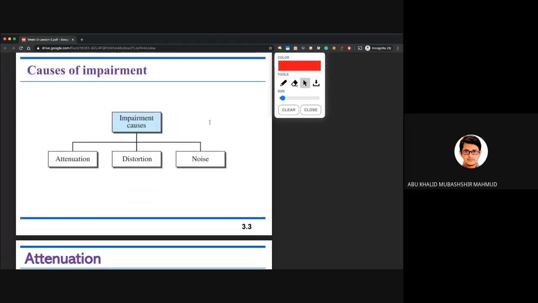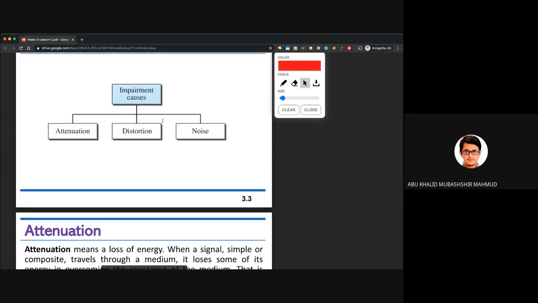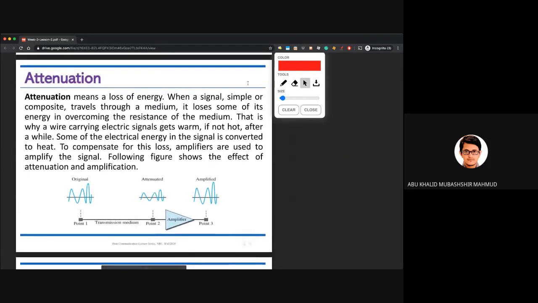Here we see the causes of impairment in this diagram: attenuation, distortion, and noise. What do you mean by attenuation? Attenuation means the loss of energy.